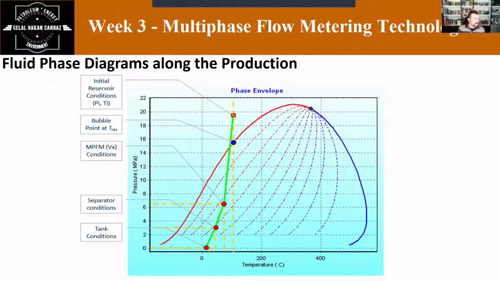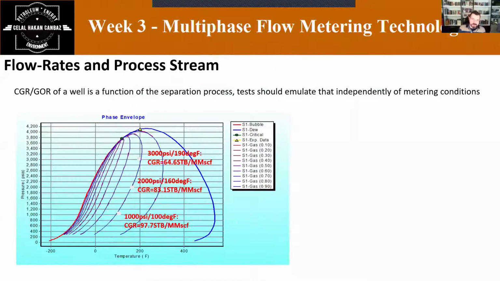The CGR, condensate gas ratio, and GOR, gas oil ratio, also need to be described. This is the function of the separation process actually. The test should emulate that independently of metering conditions. When you describe this ratio, it can give you the idea how much your composition changed.